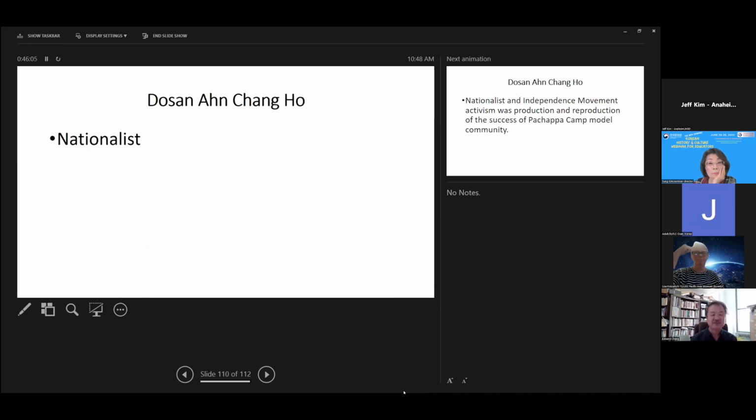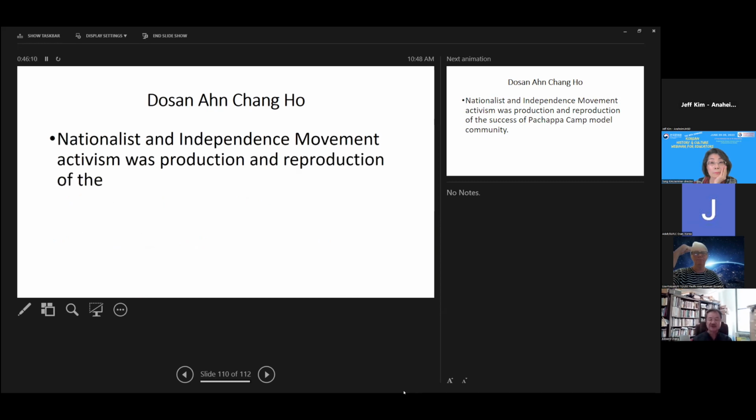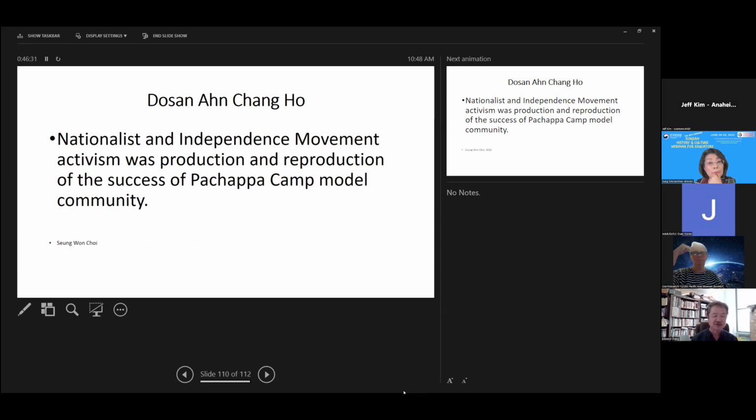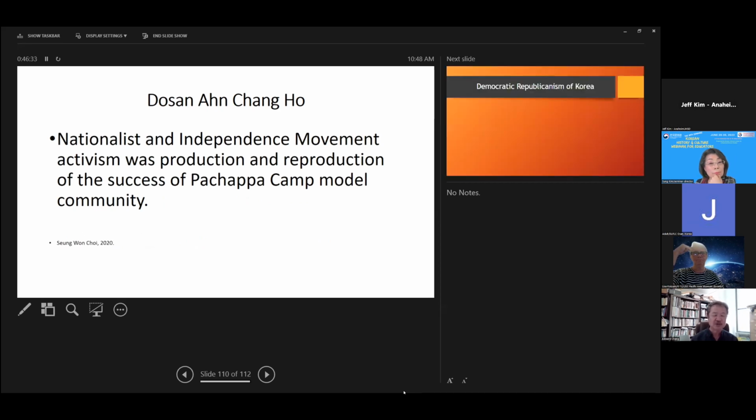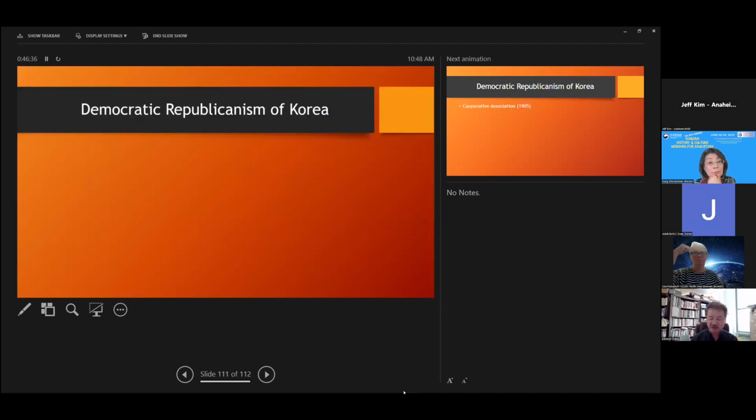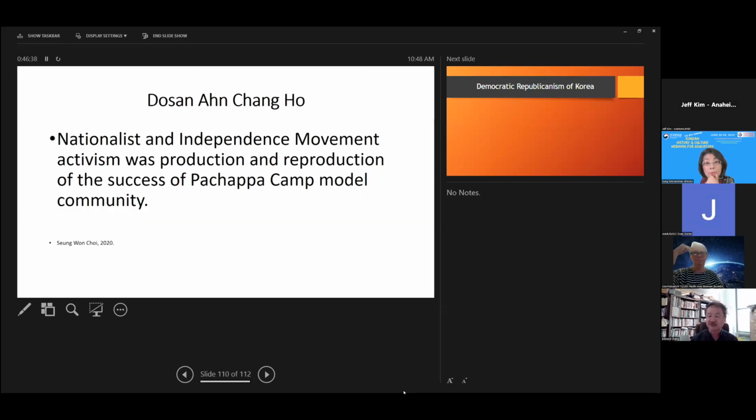One PhD thesis, written after reading my book, concluded that Ahn Chang-ho's nationalist and independence movement activism was a production and reproduction of the success of the Pachappa camp model community, according to Seung-won Choi, 2020, who published the PhD thesis.